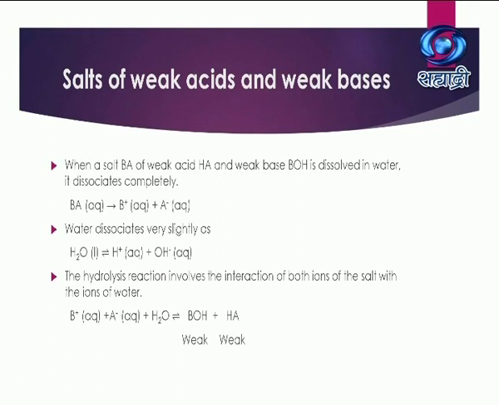Now both these ions possess the ability to react with H+ and OH- ions of water, because both produce weak electrolytes, that is weak acid and weak base. And so the hydrolysis reaction involves the interaction of both the ions of the salt with the ions of water. So the hydrolytic equilibrium is B+ aqueous plus A- aqueous plus H2O reversibly gives BOH, which is weak, and HA, which is also weak.